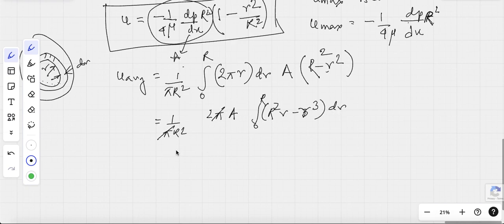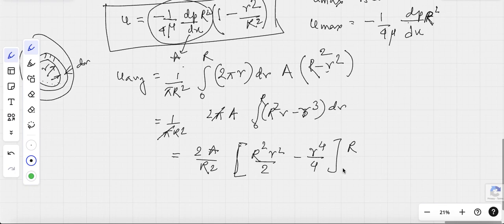Pi and pi cancels out. 2a by r square, integration of, or we will integrate it this time, r square by 2 minus r to the power of 4 by 4, r from 0. This is 1 by 4, right? So this becomes a by 2, right?